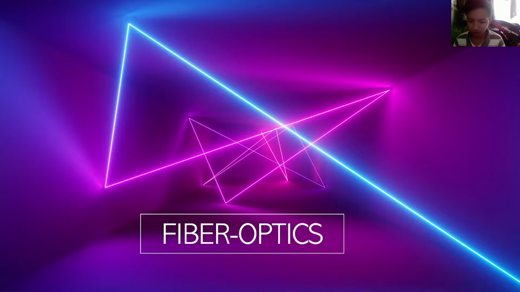So with this, we could attain a higher bandwidth that is difficult to attain in electromagnetic wave. Okay? And also in this topic, we're going to discuss the benefits, the construction, the laws involved in attaining this fiber optics, the different cables, and also the dispersion, and also the solutions about dispersion. So let's begin.